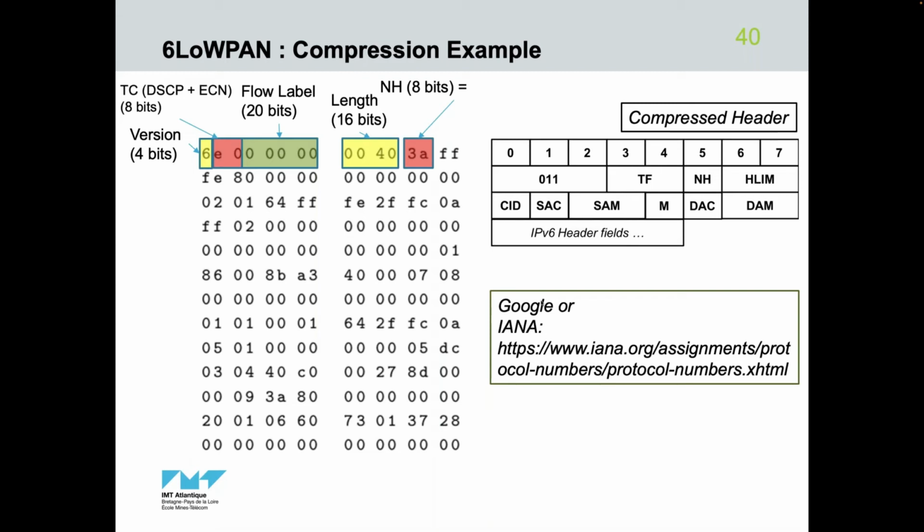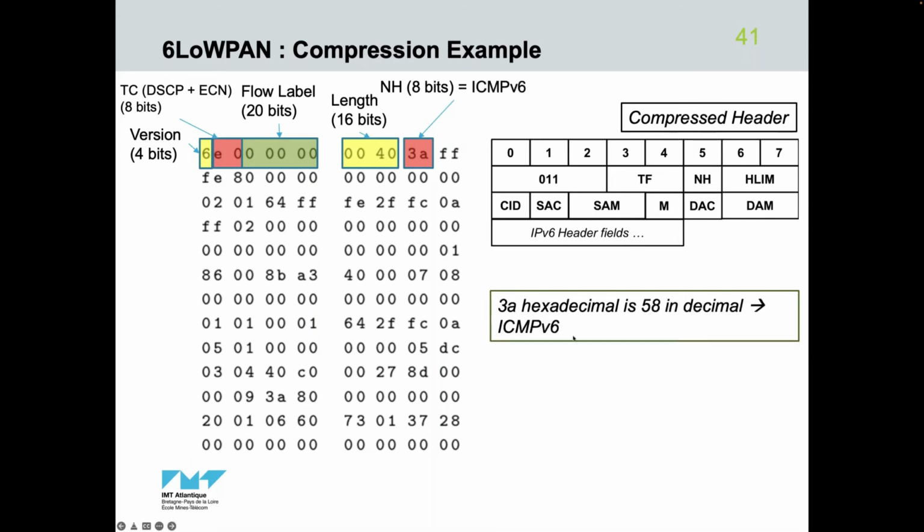So you will have a list of results. Or if you go directly to IANA, there you will find this value of 58. So 58 is the decimal version of the hexadecimal 3A, and you will realize that in this specific example, the next header is ICMPv6.